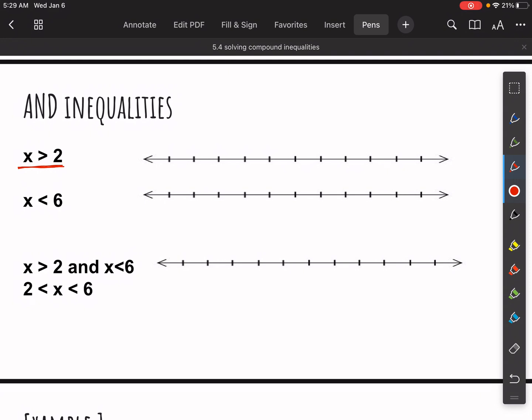For today, you need to label these number lines a little bit better. So let's put 0 right here, and then 1, 2, 3, 4, 5, 6, 7, 8. If x is greater than 2, I have an open circle at 2 going this way. If I were to graph x is less than 6 separately, let's use the exact same scale.